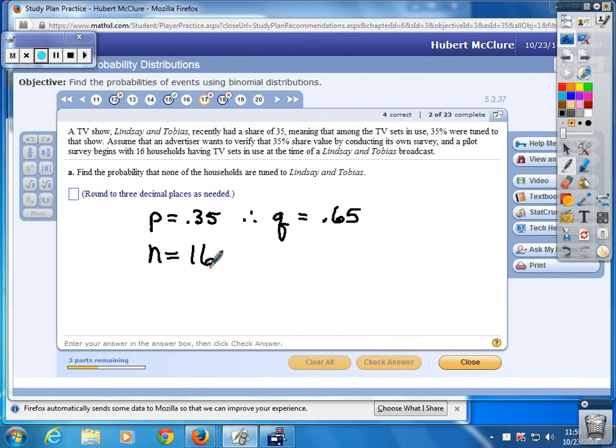And it says, find the probability that none of the households, that's A, so plug and chug into n, p, x, what do you get? Type them in wrong.